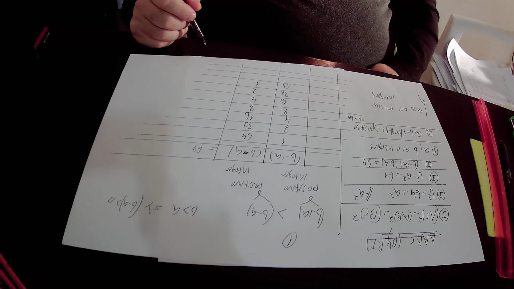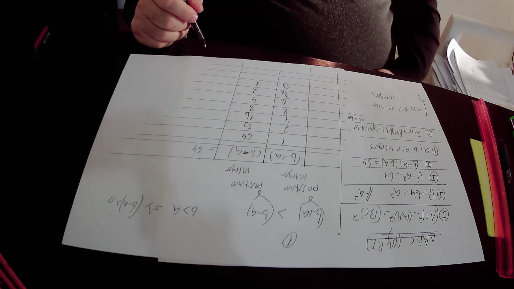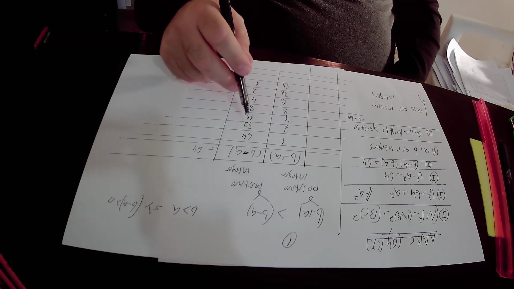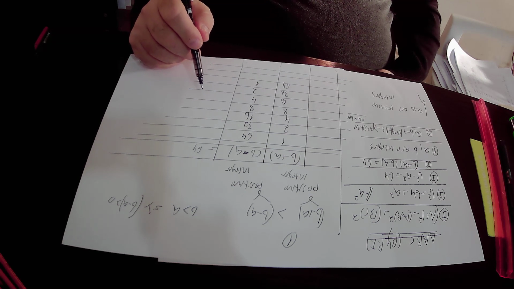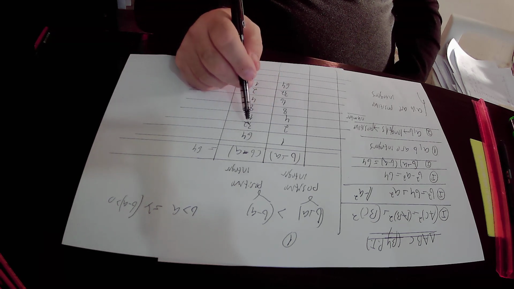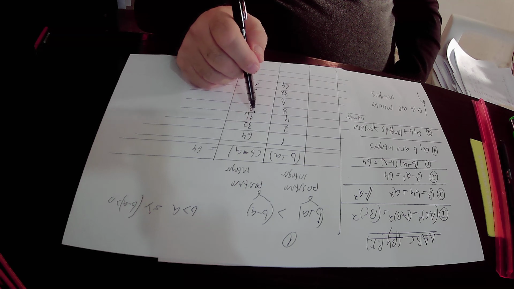So we take only the options where the first column is greater than the second column.